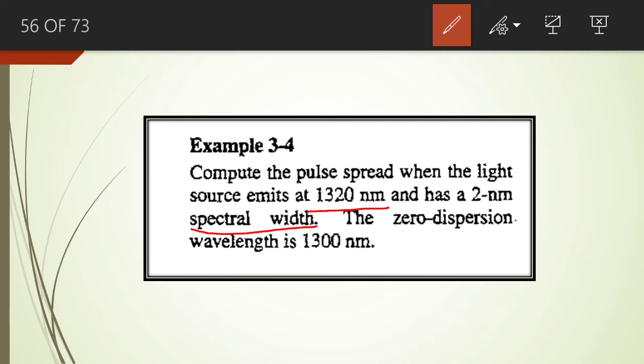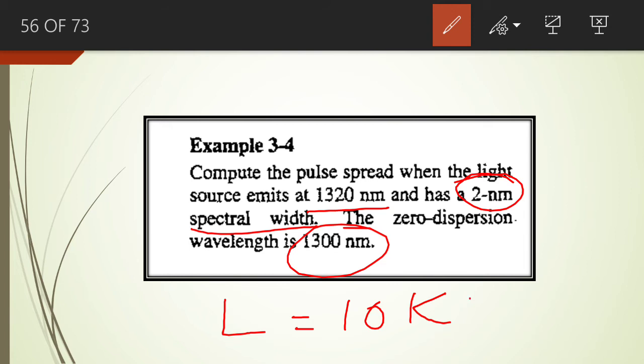The line width of the source is 2 nanometer, and the zero dispersion wavelength is 1300 nanometer. We need to calculate the total pulse spread, and we assume that the length of the information channel in this numerical example is 10 kilometer.